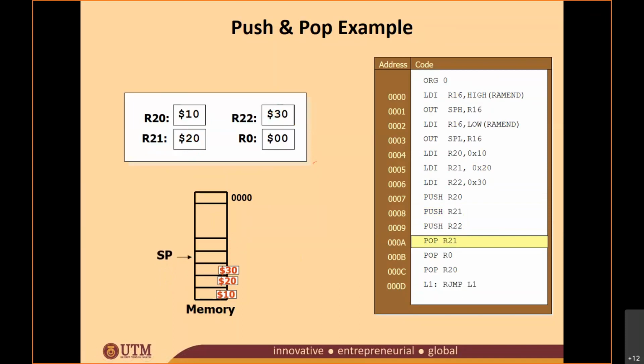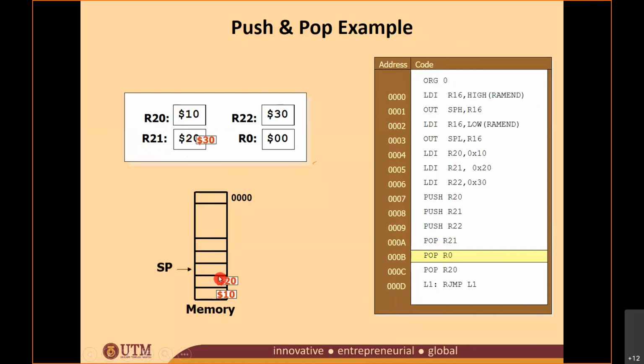Okay, then the next instruction, you're going to retrieve that value from the stack and put it to your R21 by using pop instruction. So what happened here is, okay, kamu ambil value 30 daripada stack, masukkan dalam R21. What happened to your stack pointer? Stack pointer incremented by 1. Okay, pop R0.